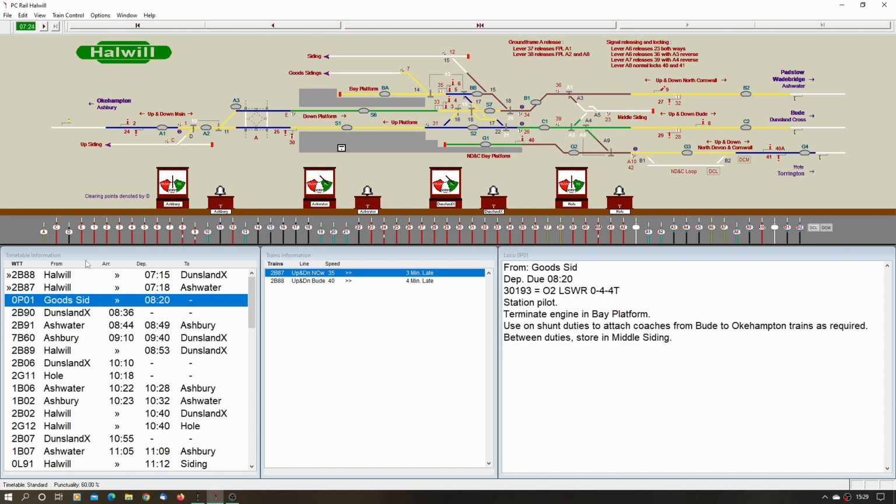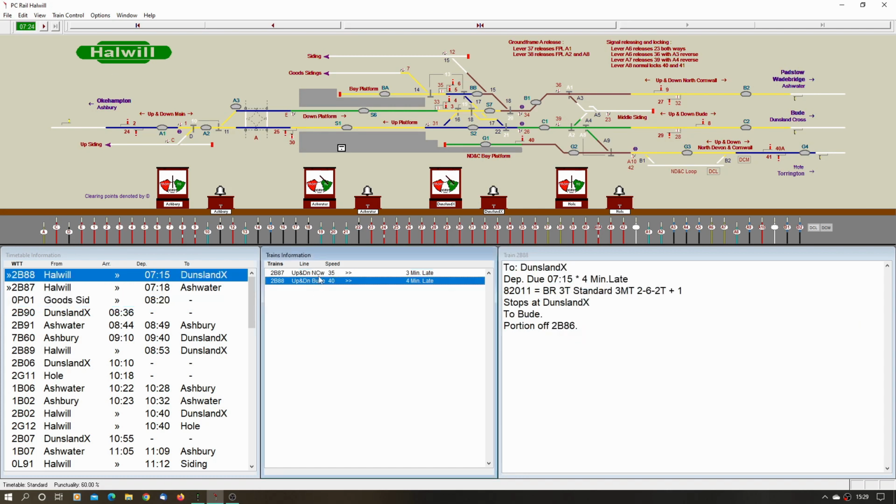There, it's just gone clear, so I now can put 9 back. Right, I'm going to probably cut this little bit out as well. We are just waiting for outer section for these 2 trains now, so it'll be quite a while.